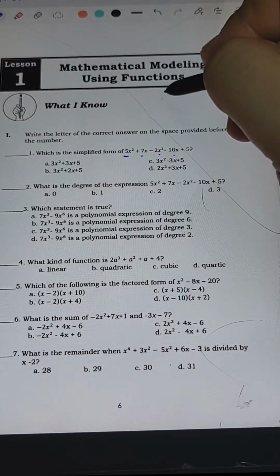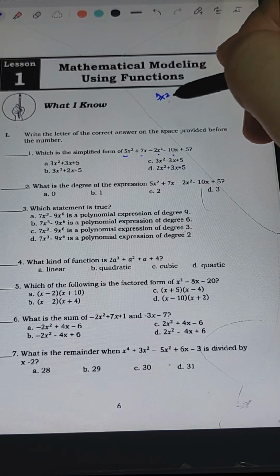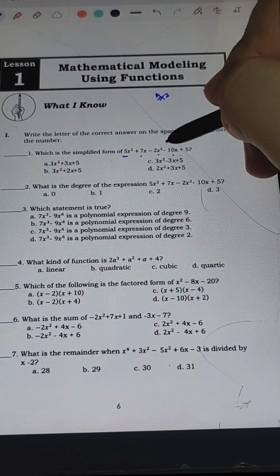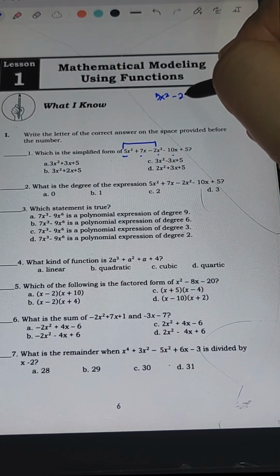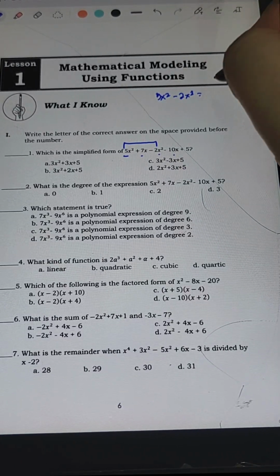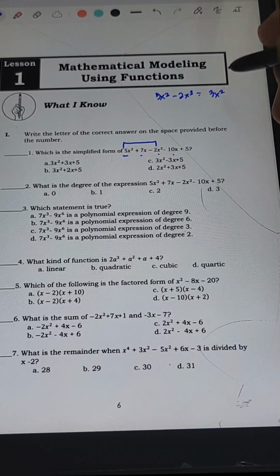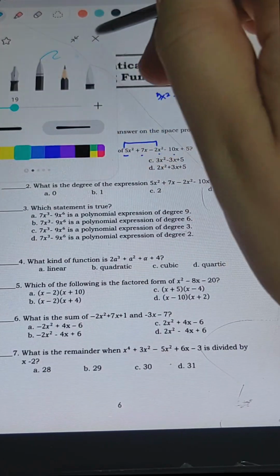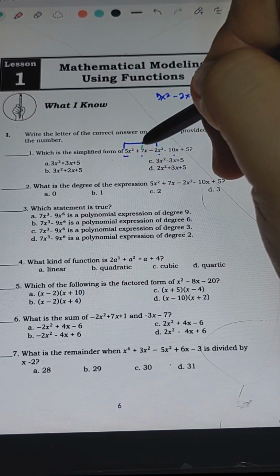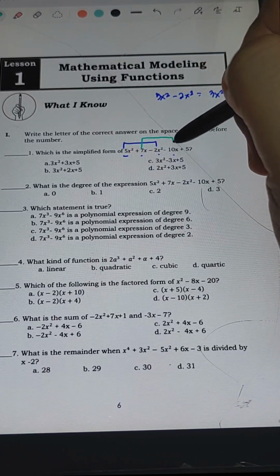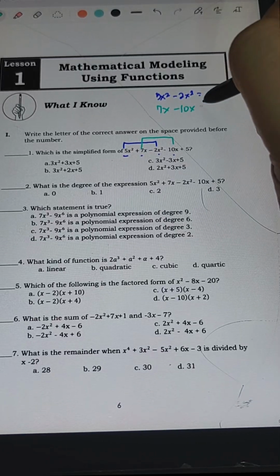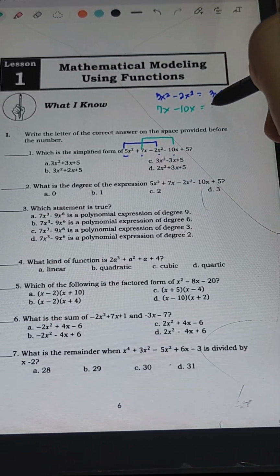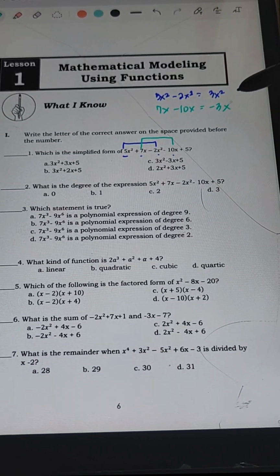Now we have here 5x squared. 5x squared can be combined with 2x squared, or negative 2x squared. So the answer is 3x squared. Another one, we have 7x. We can combine 7x to negative 10x. So we have 7x minus 10x is equal to negative 3x.